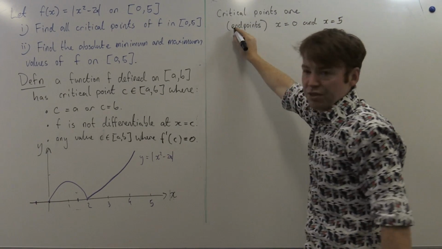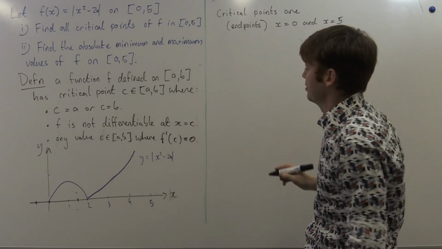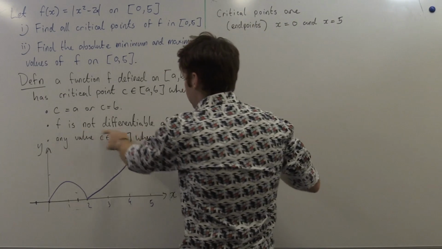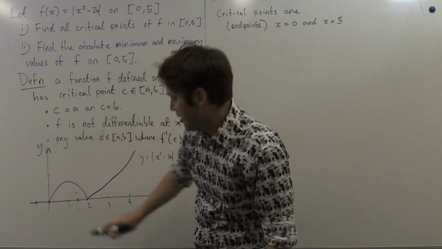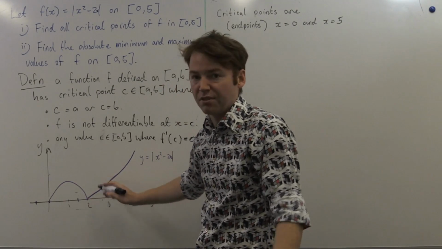I like to just say what flavor of critical points I've got, just to make sure I get all three categories covered. The next one is the points where f is not differentiable, and I can see, just based on my graph, that the function is not differentiable here. It's continuous, but the slopes certainly don't match.